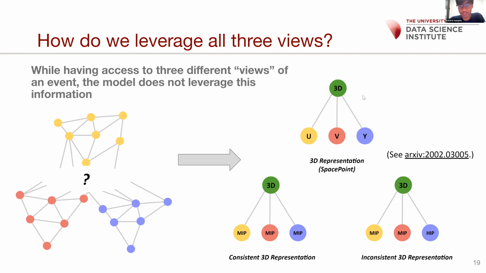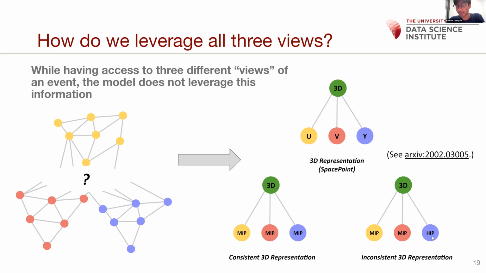Now, what the consistency metric measured on the previous slide was that when our model makes predictions on the U, V, and Y planes, we ask ourselves, is the prediction across associated hits the same? A consistent representation is, according to the association given by this 3D space point, yes, this is consistent because on the U, V, and Y plane, the prediction was all MIP.